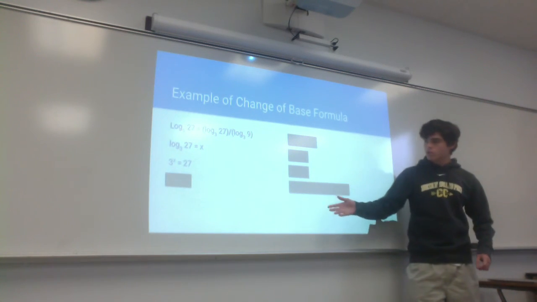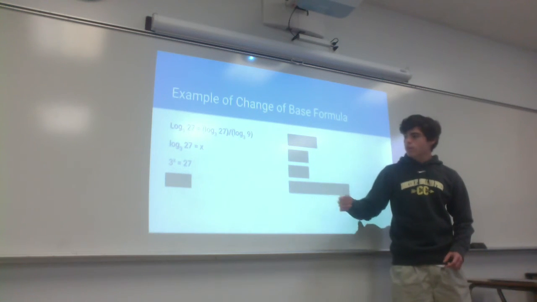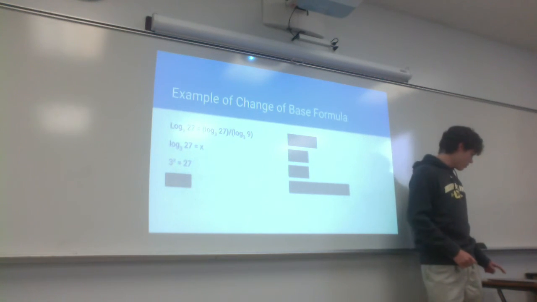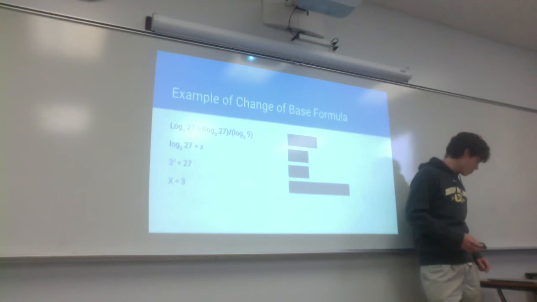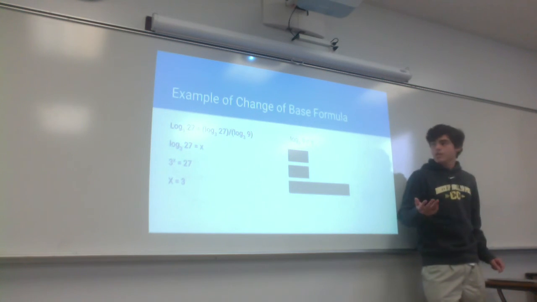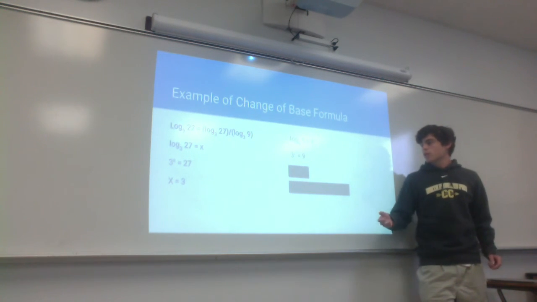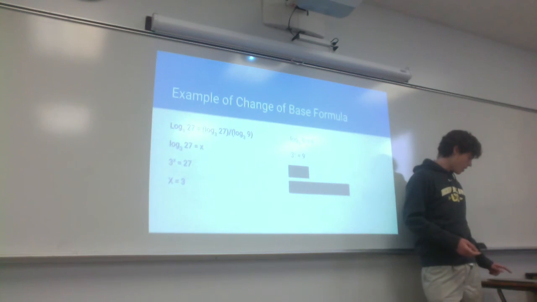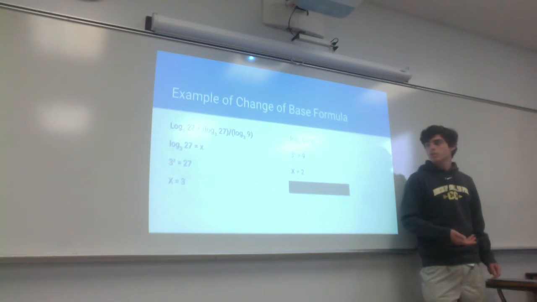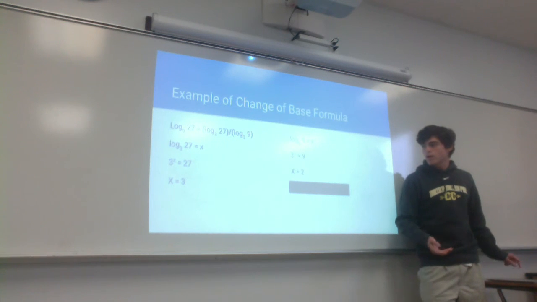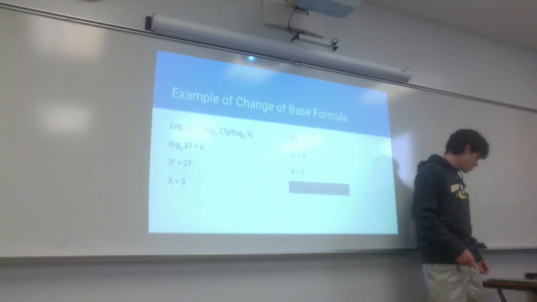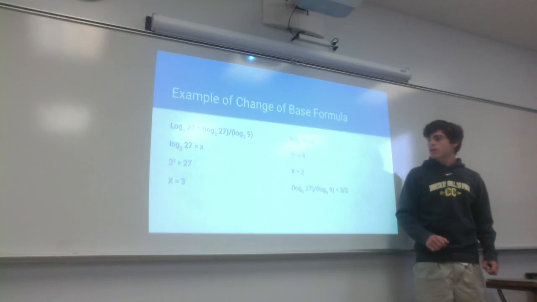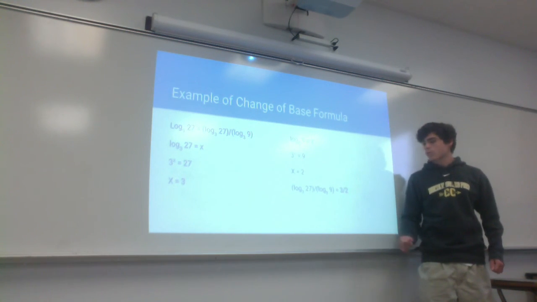If you put that into exponential form, you get 3 to the x is equal to 27, and that gives you 3, since 3 to the third is equal to 27. You do the same thing for log base 3 of 9: set it equal to a variable, put it into exponential form, and if 3 to the x equals 9, x equals 2, since 3 squared equals 9. So now that you know that the numerator is equal to 3 and the denominator is equal to 2, you know that log base 9 of 27 is equal to 3 over 2.